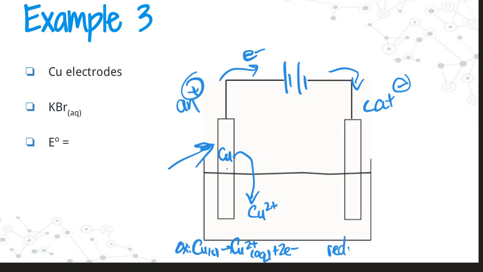The reduction half reaction is our water one. So we've got water and an electron. It's going to create that hydrogen gas again and hydroxide ions.